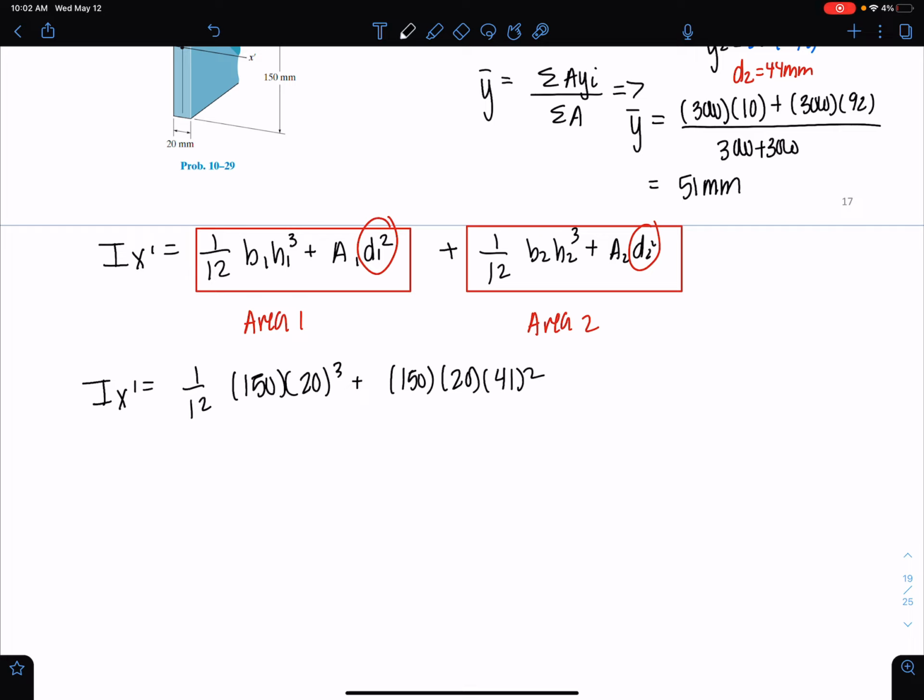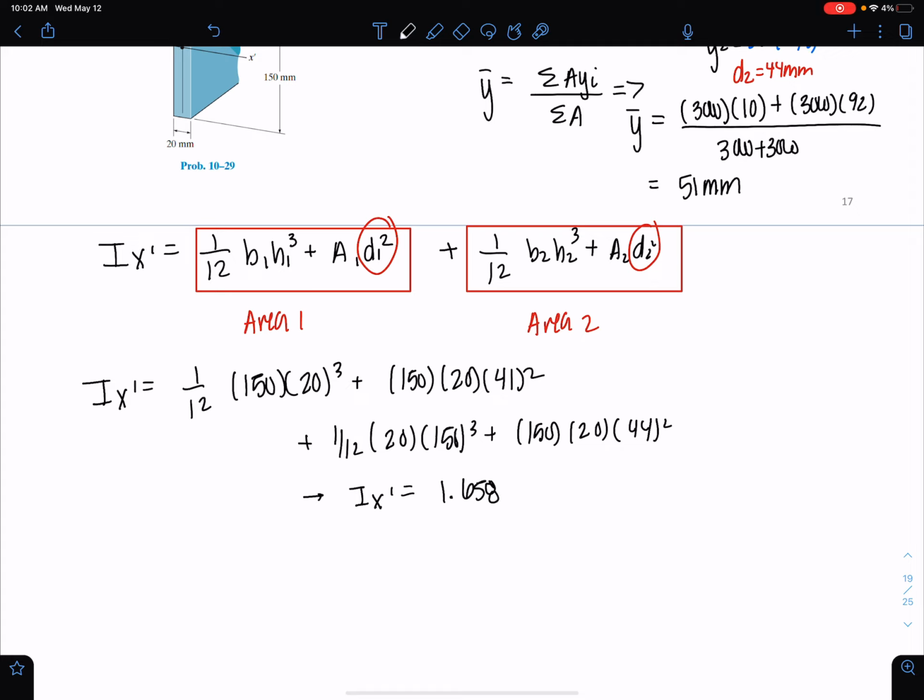Now plus 1 over 12, base of the second area, 20 times 150 cubed, plus the area 150 times 20 times 44 squared, and we get Ix prime equals 1.658 times 10 to the 6 millimeters to the 4th.